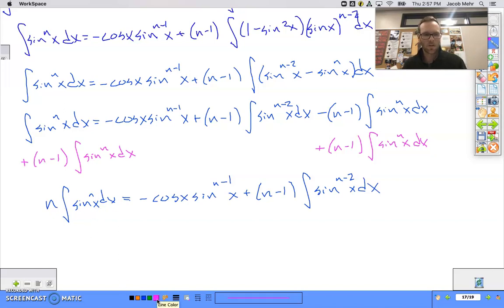For this reduction formula, all we have to do now is divide everything by n.